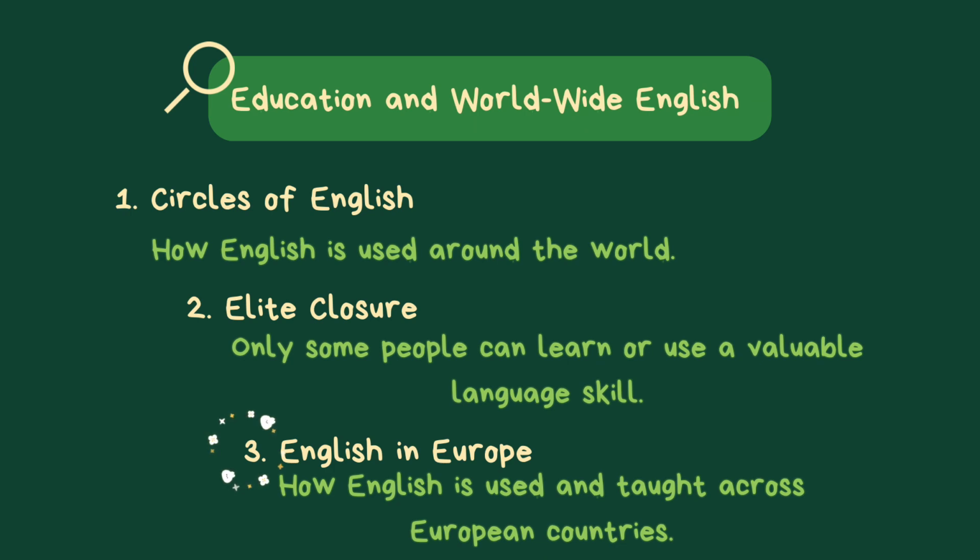English is often used in business, education, diplomacy, and even popular culture. In countries like the Netherlands, Sweden, and Denmark, English proficiency is high, whereas in other countries, the level may vary depending on educational policy and learning opportunities.